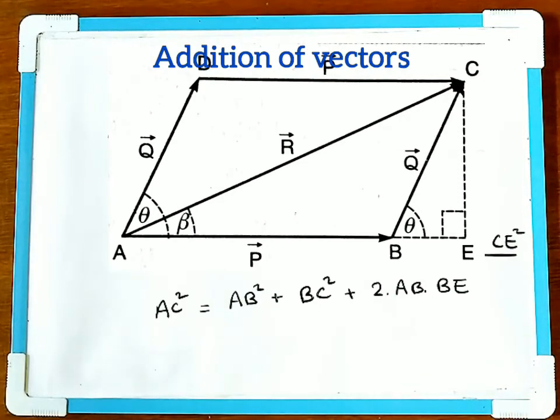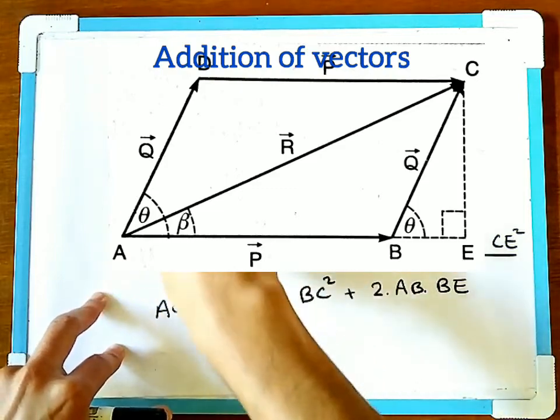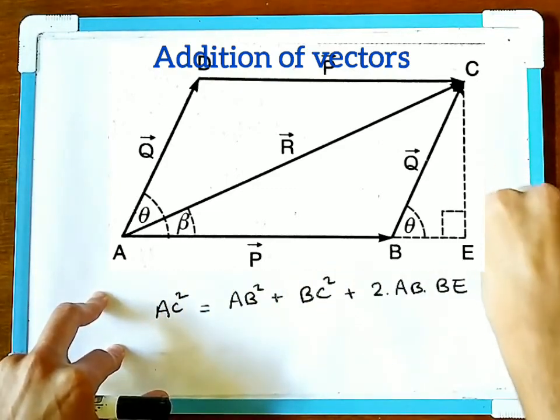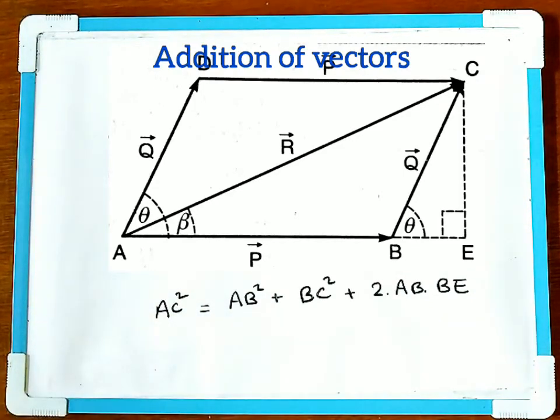So again from the triangle BEC, what is cos theta equal to? From triangle BEC, cos theta is equal to base, which is BE, by hypotenuse.